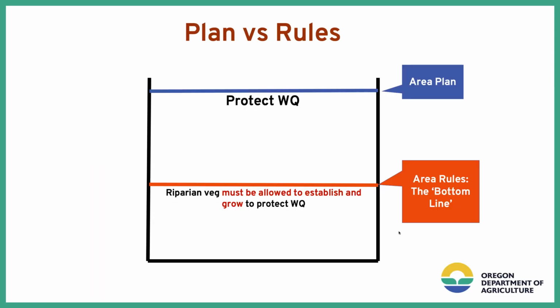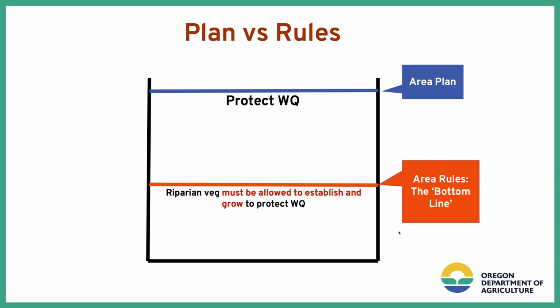Okay. So there's a subtle difference here that's critical, and that is that area rules provide only the basic minimum level of protection for the land in terms of protecting water quality. And so the goal of every plan is to prevent and control water pollution from ag activities. The rules are not necessarily designed for that. For instance, riparian vegetation must be allowed to establish and grow.